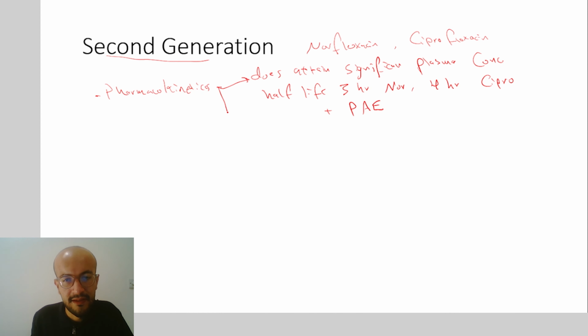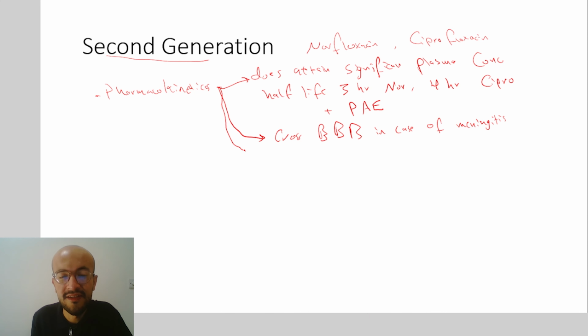Also, this generation crosses the blood-brain barrier and achieves therapeutic levels in case of meningitis. And it is also excreted in urine in the active form.